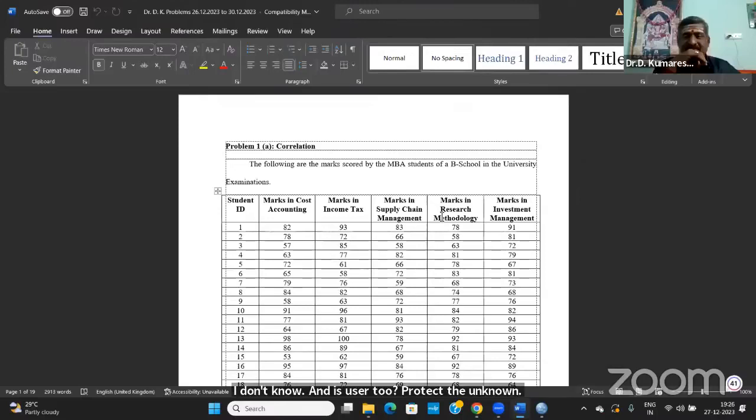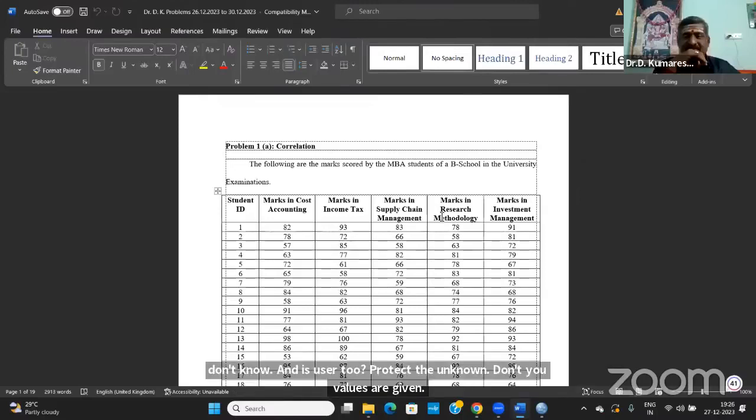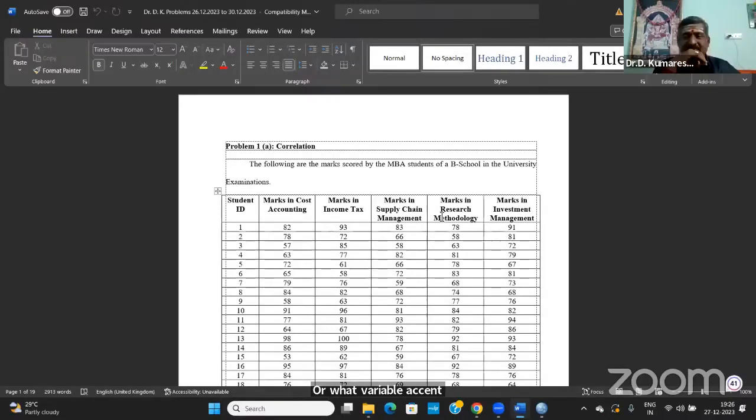20 values are given for both variable X and variable Y. Apart from that, the 21st value of X is given.